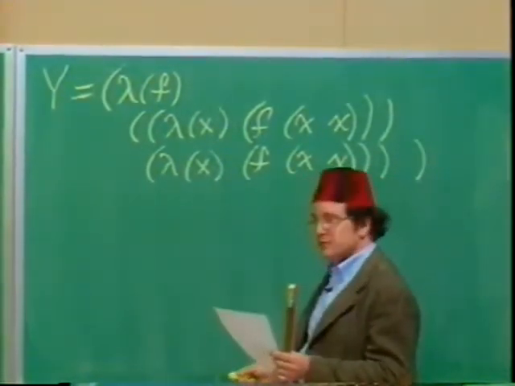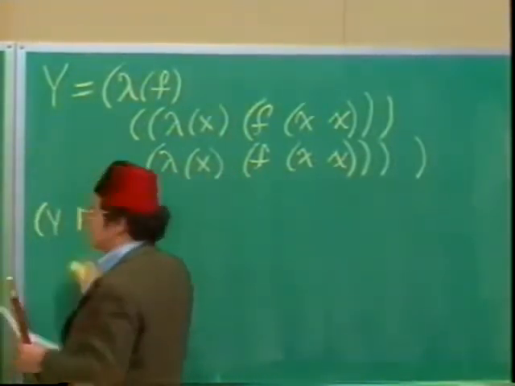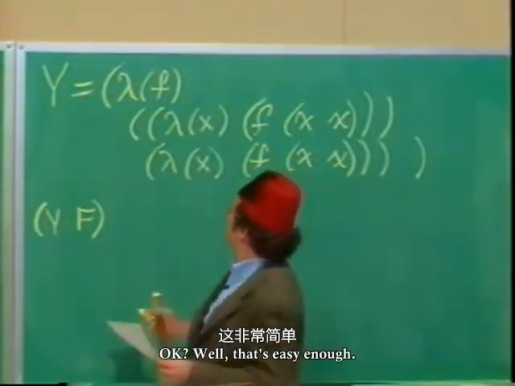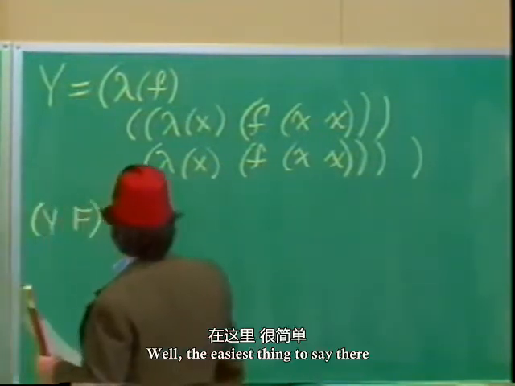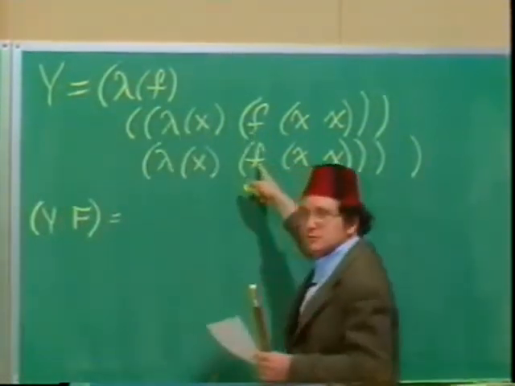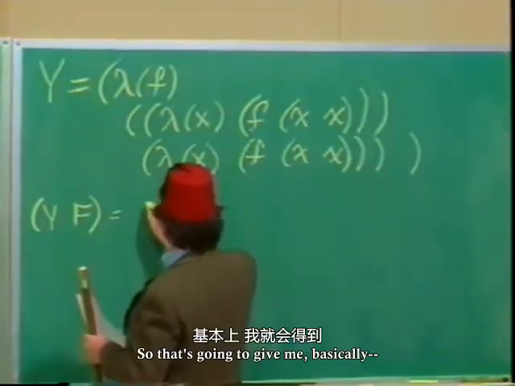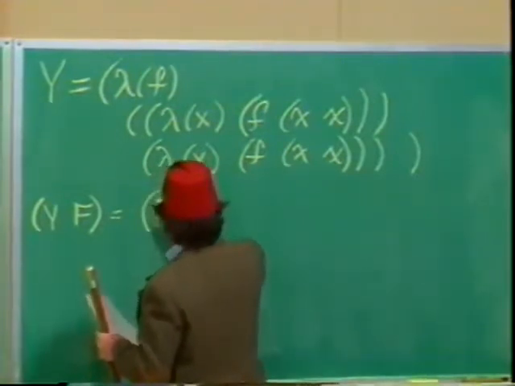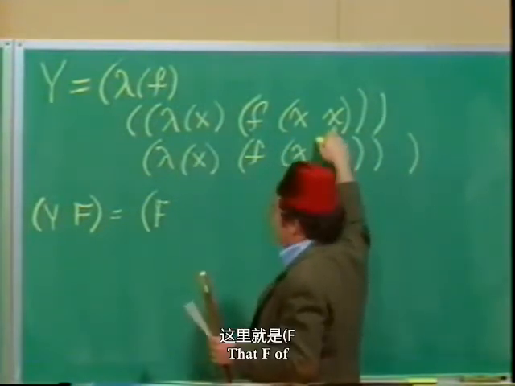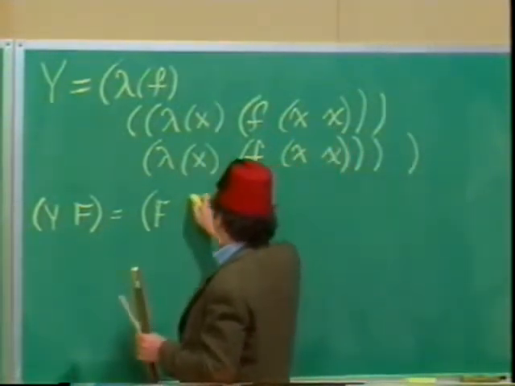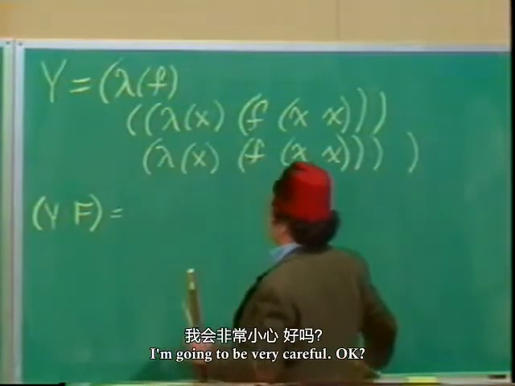Now what's this do? Suppose we apply y to f. Well, that's easy enough. That's this capital F over here. Well, the easiest thing to say there is I substitute f for here. So that's going to give me basically, because then I'm going to substitute this for x in here. So that's f of, let me actually do it in steps so you can see it completely. I'm going to be very careful.